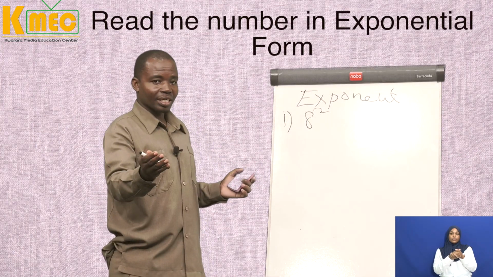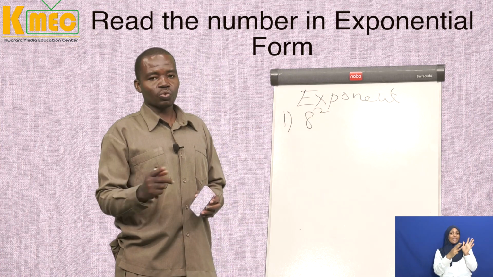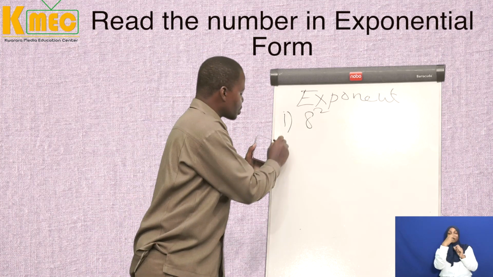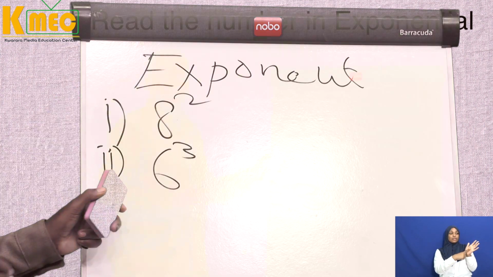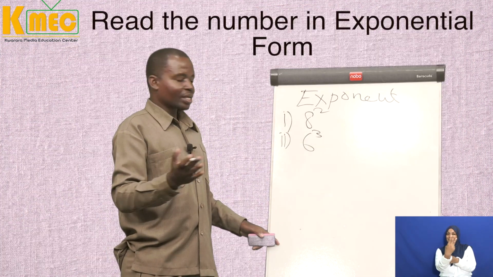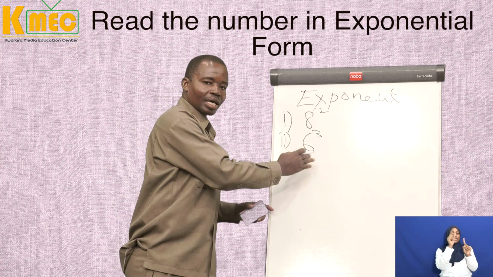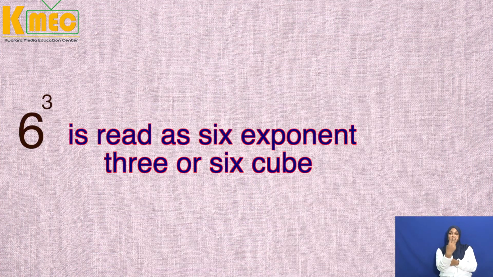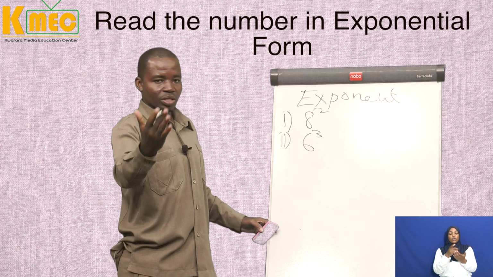And number 2, 6³ is read as 6 exponent 3 or 6 cubed.